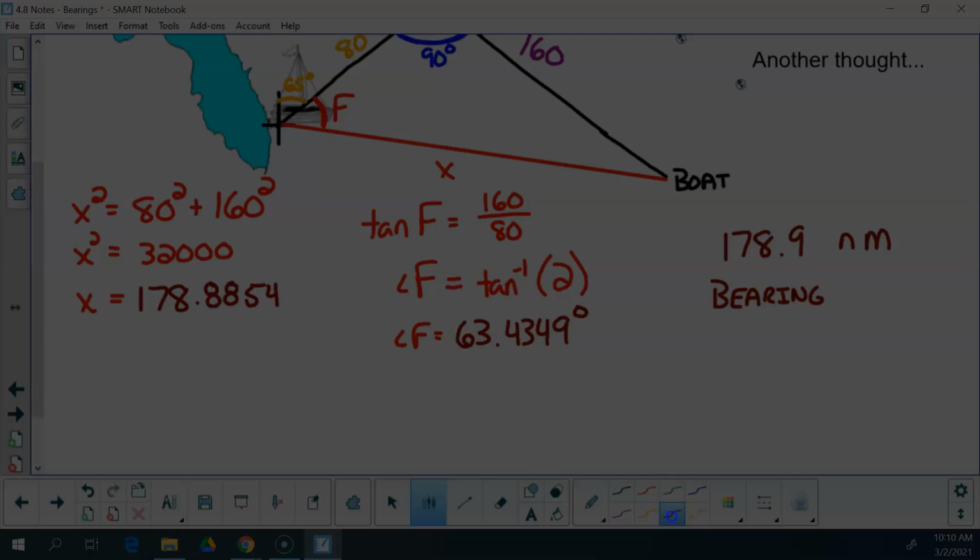What's my bearing to the boat from Fort Lauderdale?